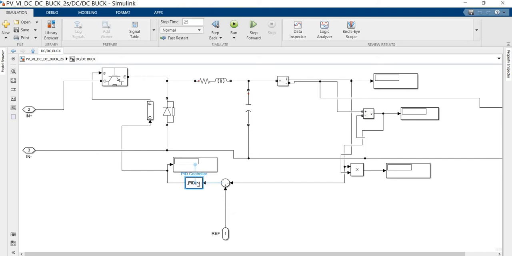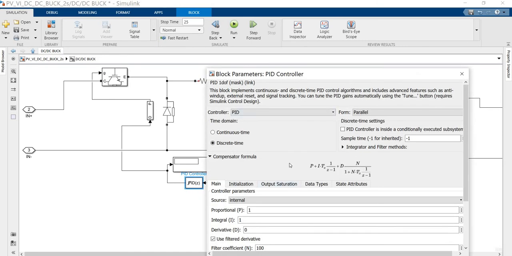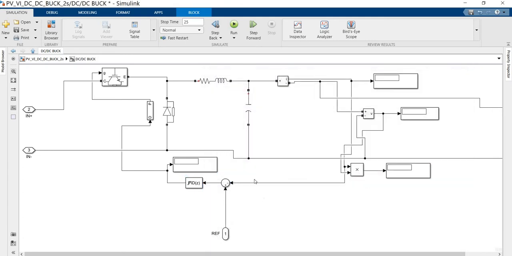I am also going to utilize PID control, a discrete time PID controller. As usual, the buck converter has one power electronic switch connected to the inductor, capacitor and diode.